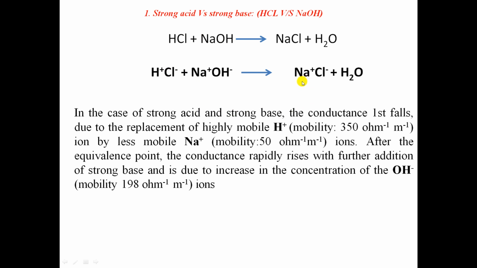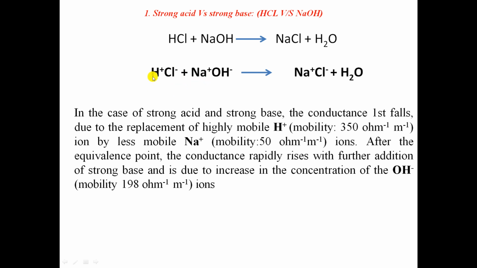Therefore, conductivity varies here because the H+ ion is a highly mobile ion. The mobility of the H+ ion is 350 per ohm per centimeter, and the mobility of the Na+ ion is 50 per ohm per centimeter. That means the mobility of the H+ ion is more and the mobility of the Na+ ion is less.